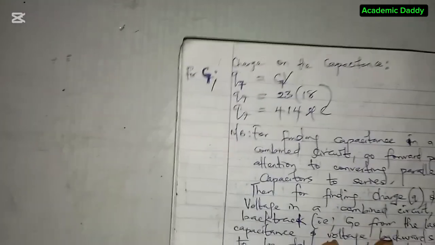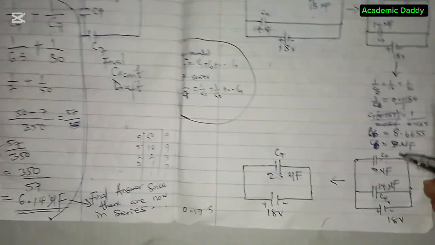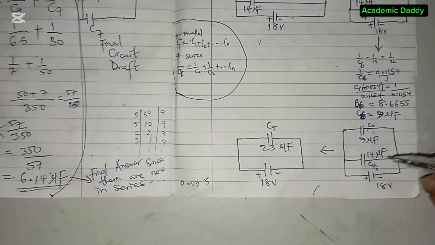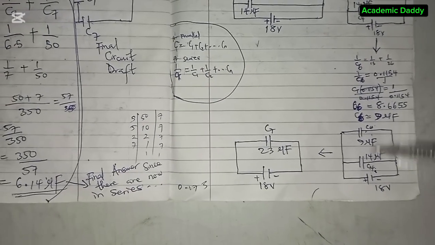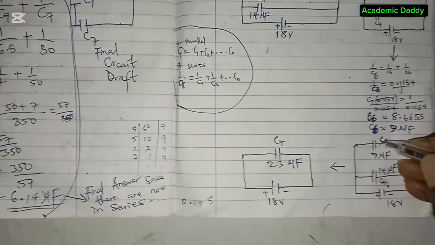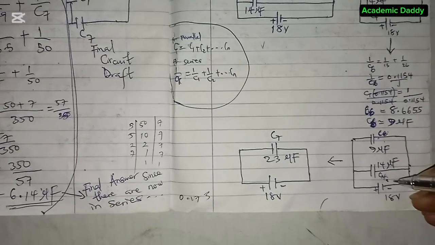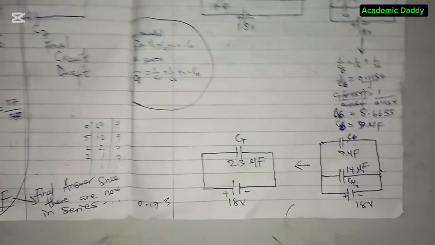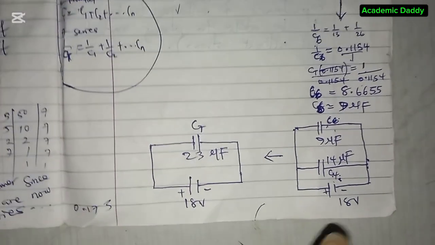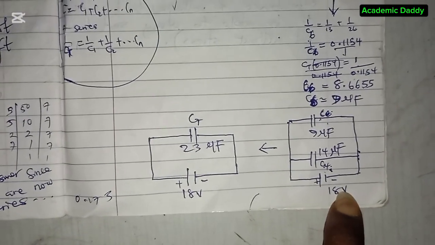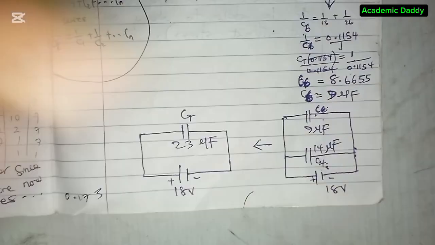So I've been able to get the charge in capacitance 7. The next capacitances, as I'm backtracking now, are C6 and C4. Since C6 and C4 are in parallel, their charges will be different, but their voltage will be the same. So the voltage that you see here, 18V, is for this and is also for this.